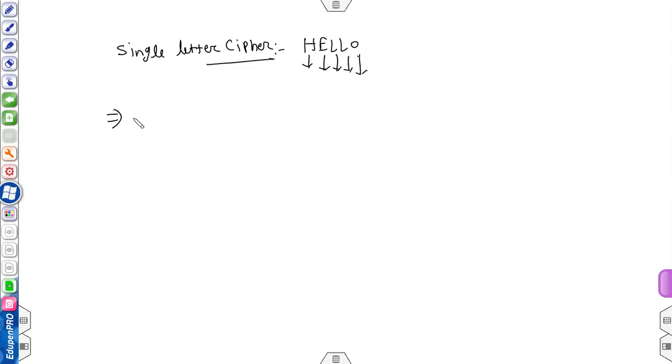Similarly, there are multi-letter ciphers like the Playfair cipher. In Playfair we use more than one letter simultaneously, say two letters.